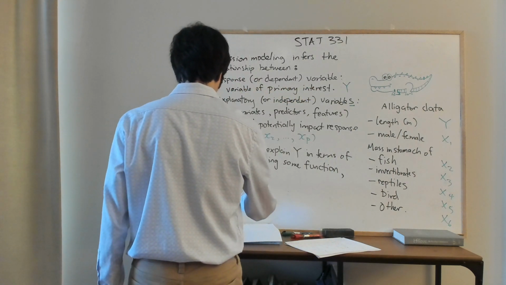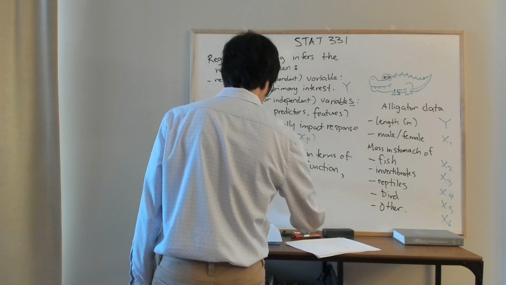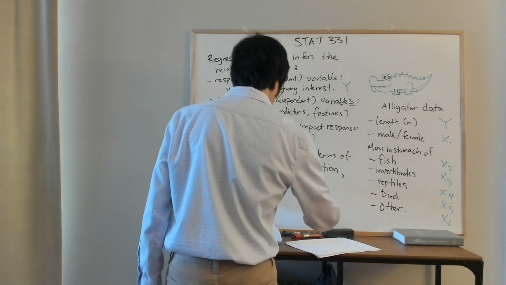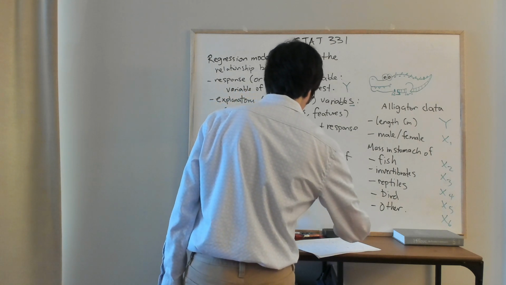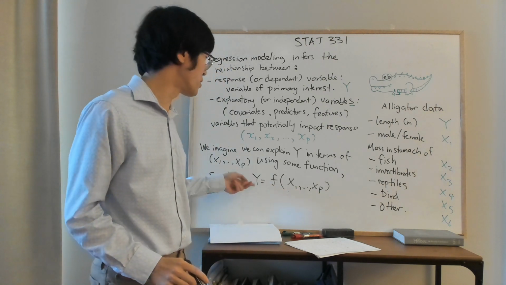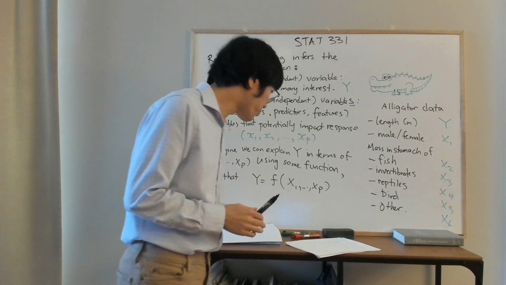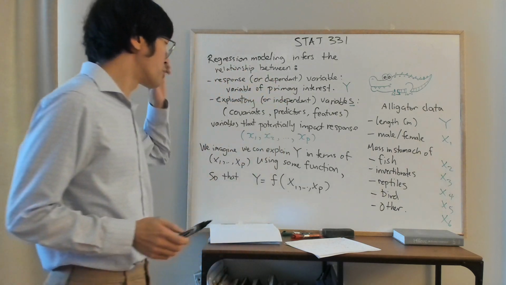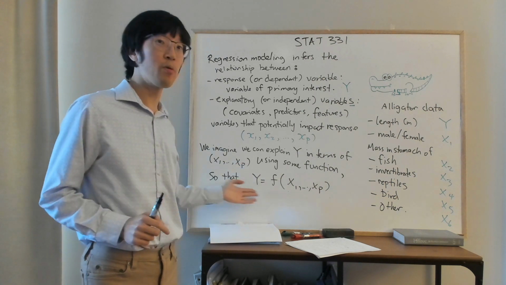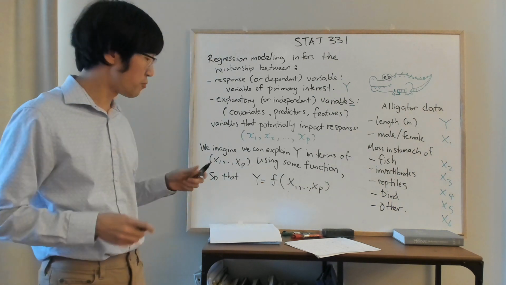Use f as our generic notation for our function. So think of the response y as a function of the x's. You put a vector into this function, all these x's, and the output of the function is some value y. So in the most general sense, we can frame any problem like this as a regression problem by fitting a function f. That's regression in general.